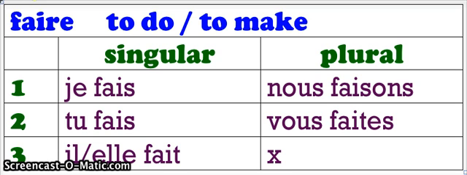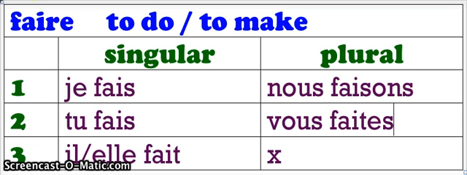And then there's another verb, dire, D-I-R-E, dire, in which the vous form is vous dites. So this is one of the exceptions to the EZ rule for vous. So we just have to deal with it and learn to love it. It's vous faites. You do, you make. You all do, you all make.